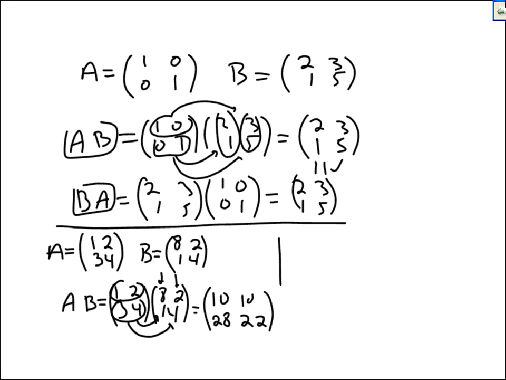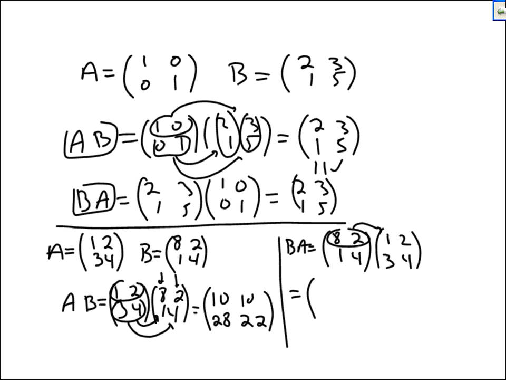That's AB. Now, what is BA going to be? Well, this is matrix B, and I multiply it by matrix A. Do the first row with the first column. 8 times 1 is 8. 2 times 3 is 6. 8 and 6 is 14.